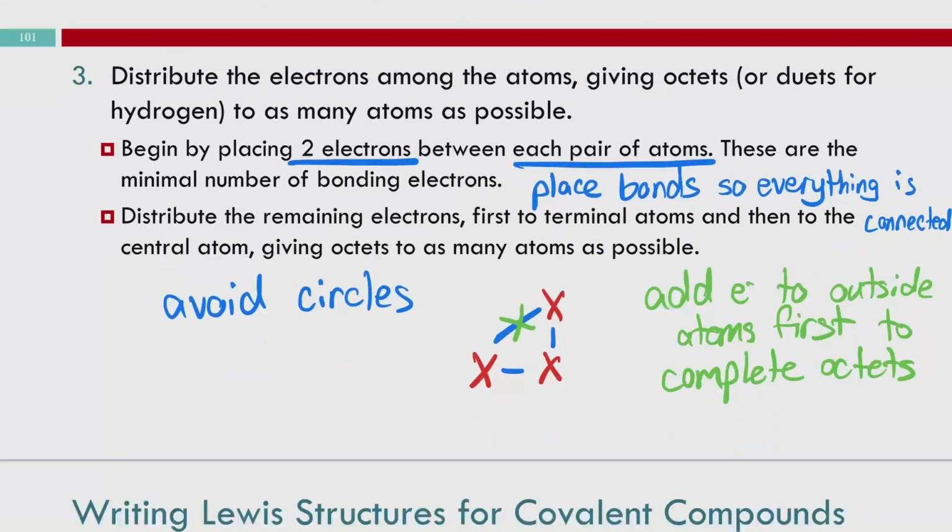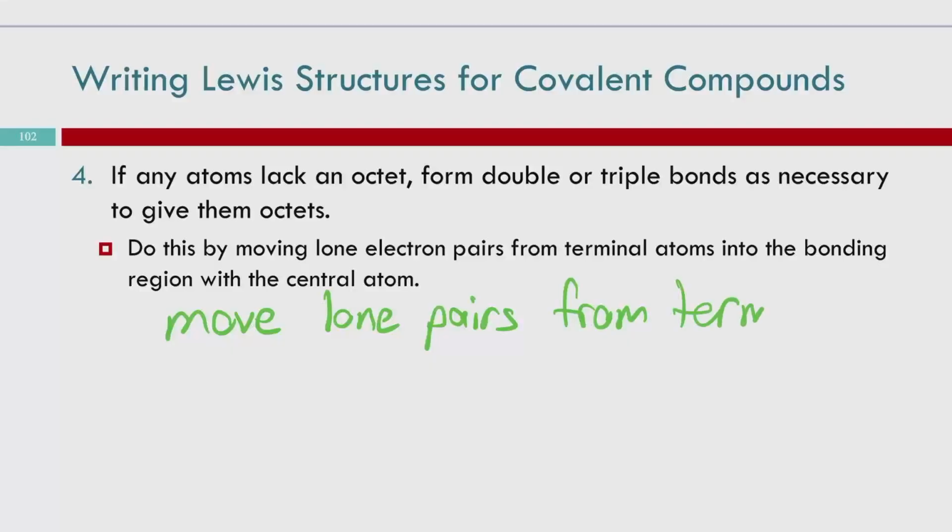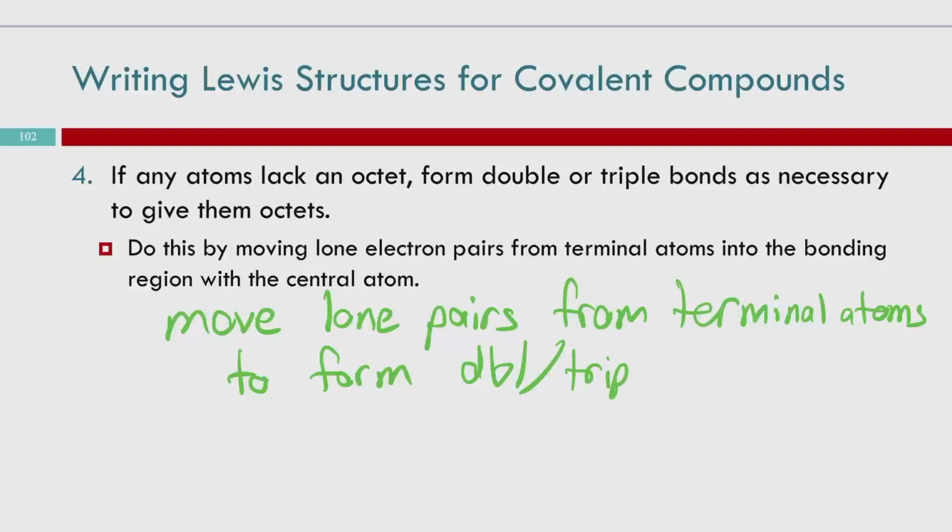More steps. Got to get our steps in. Any of our atoms that at that point lacks an octet, we can double or triple bond to give them octets. And we can do this by moving lone pairs from terminal atoms to form double or triple bonds. We'll do this as many times as is necessary.